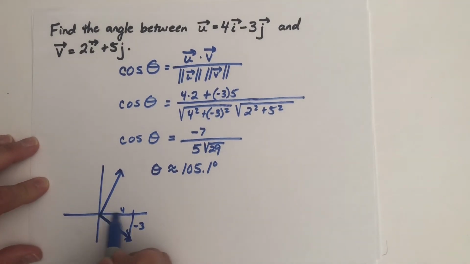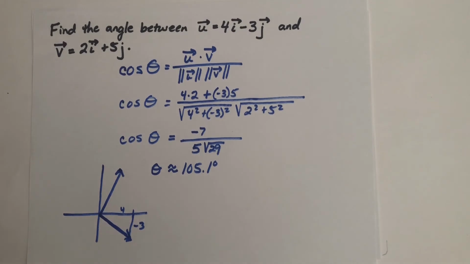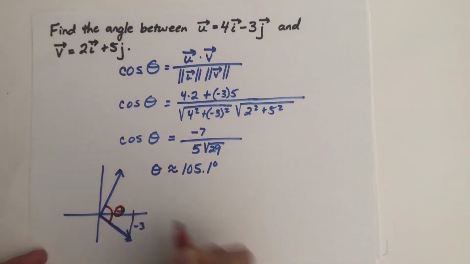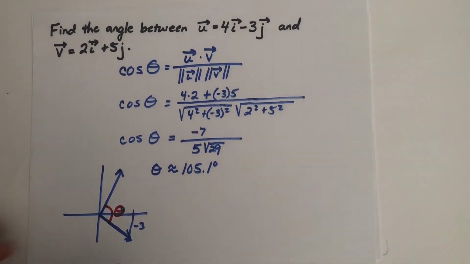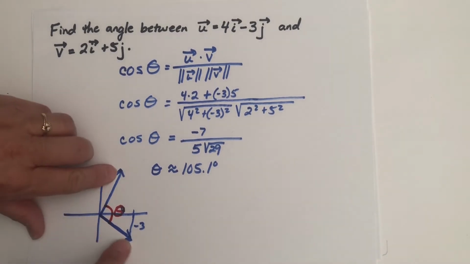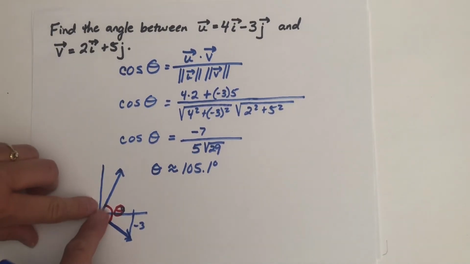Where this is 2 and this is 5. And we have just found that this angle theta is about 105.1 degrees. I didn't label those components because the picture was getting a little bit busy, but it seems pretty close here. It seems a little bit obtuse there.